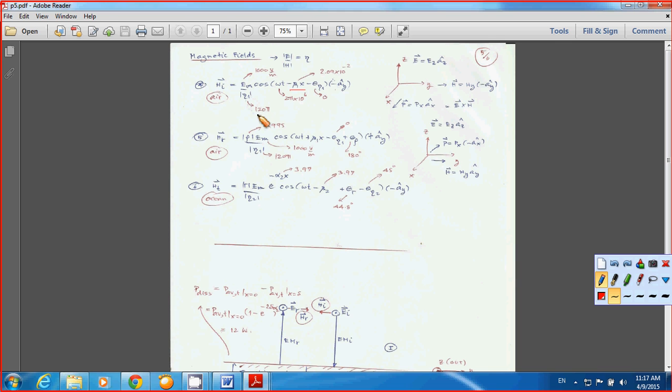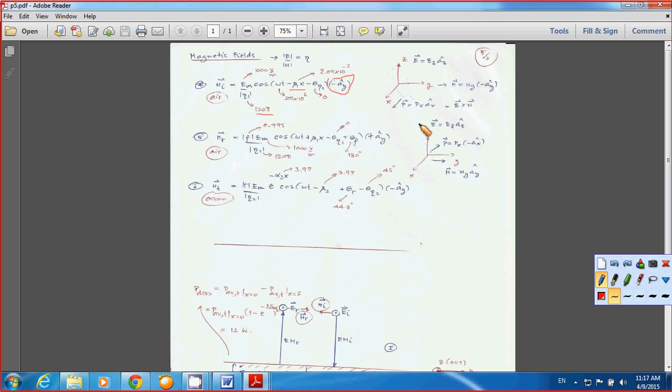Since your eta 1 is the intrinsic impedance of free space, which is equal to 120 pi, you have no phase angle, the phase becomes 0. So that's why you have 0 right here. Okay, and simply divide EM by the magnitude of eta 1. Now take a look at this one. Why does it become negative AY?